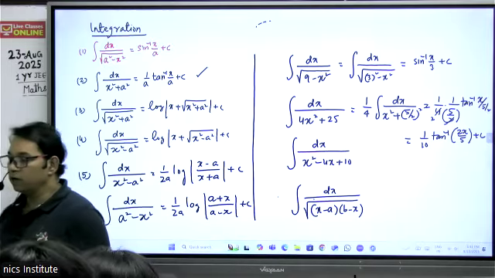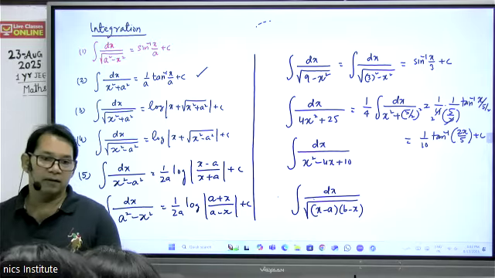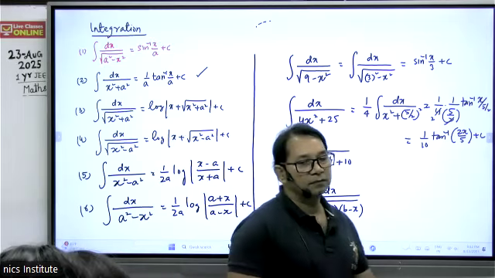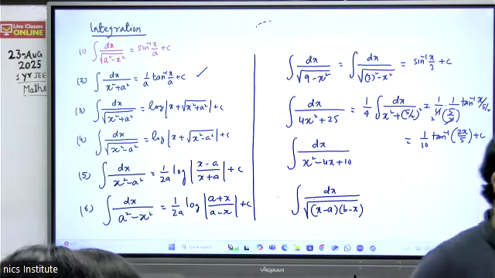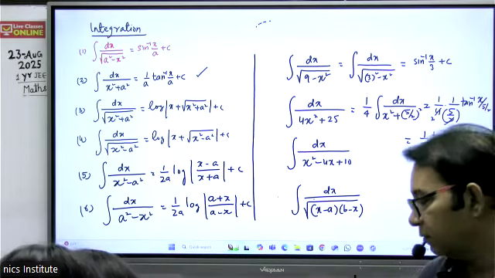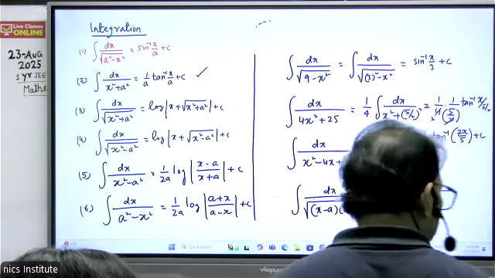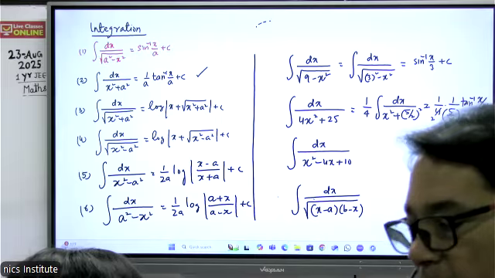In the next one, you can't apply the formula directly. So you have to basically complete the whole square. Convert into a perfect square, and this perfect square thing you can do on the side. Completing the whole square.